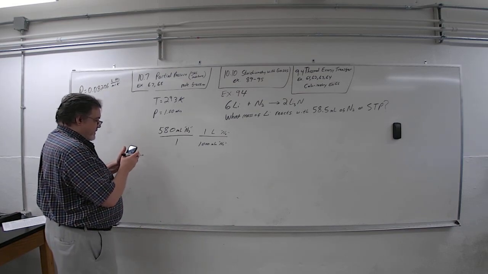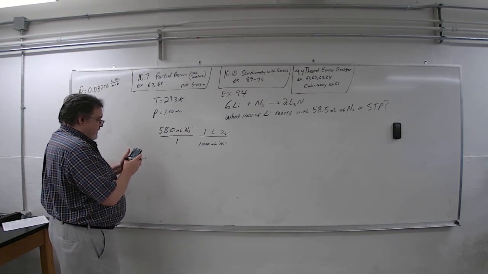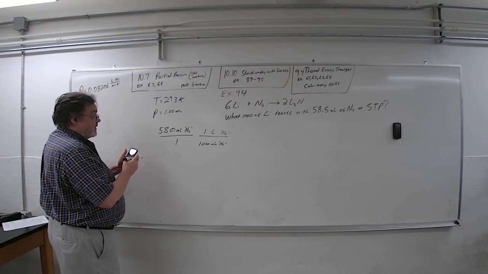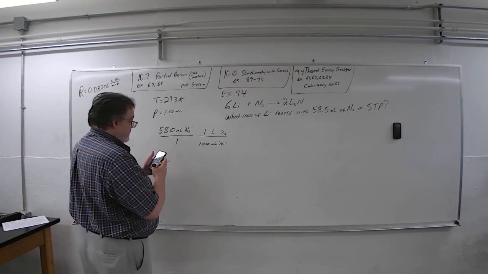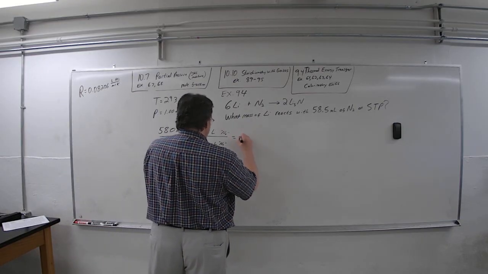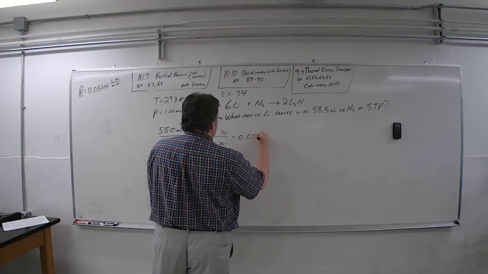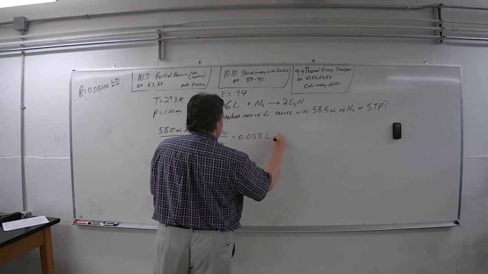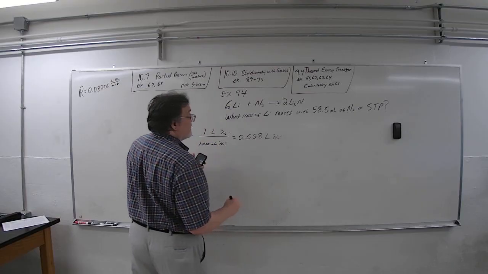Just do that. 58.0 divided by 1,000. Got that.